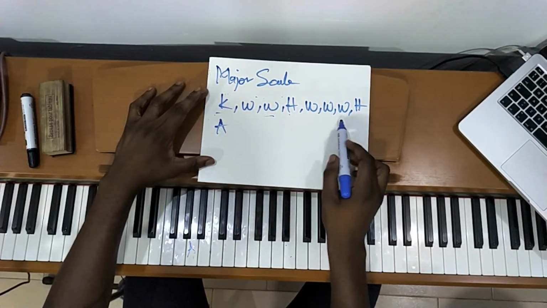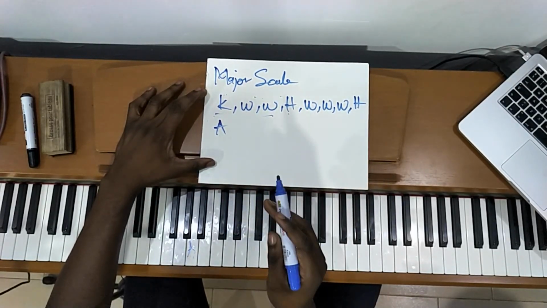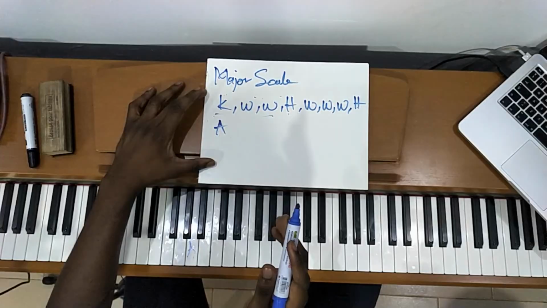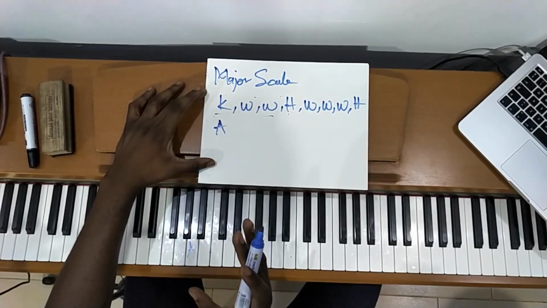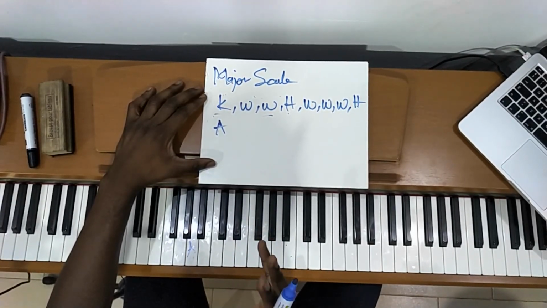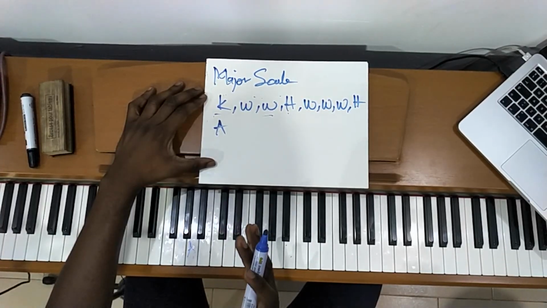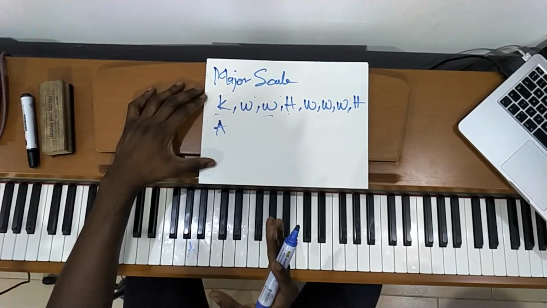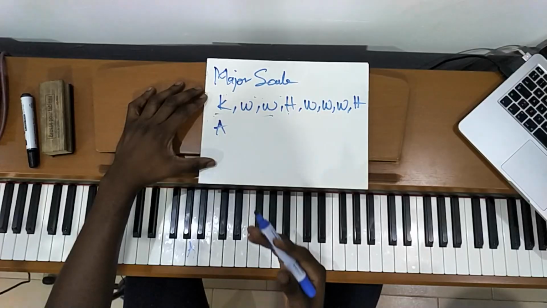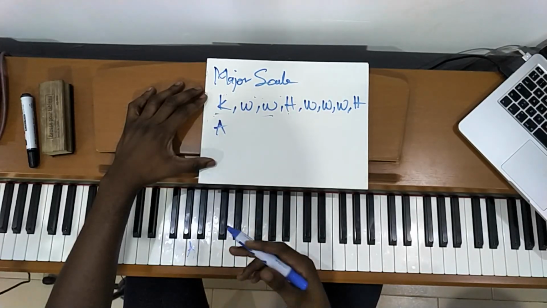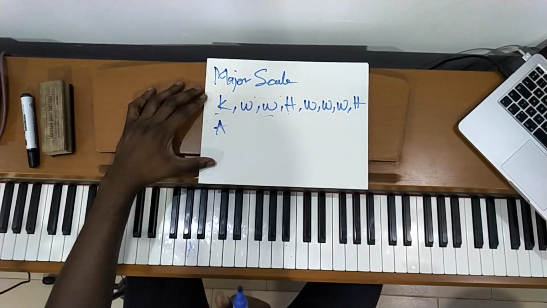We use this pattern of intervals. Major scales have a specific pattern of intervals, and we say the intervals are the half and whole step. You see how I'm saying this over and over again. It's very important, please take note.